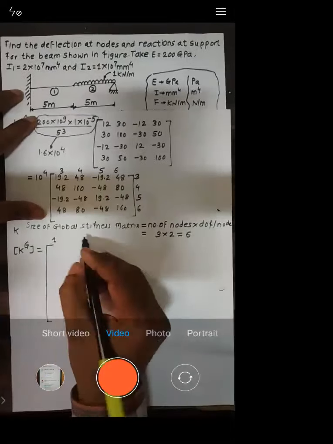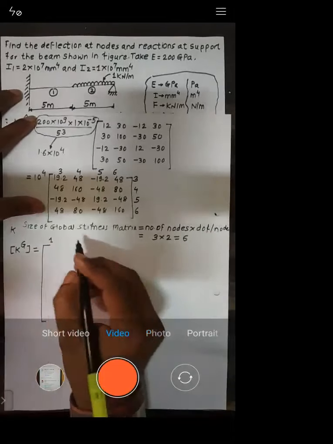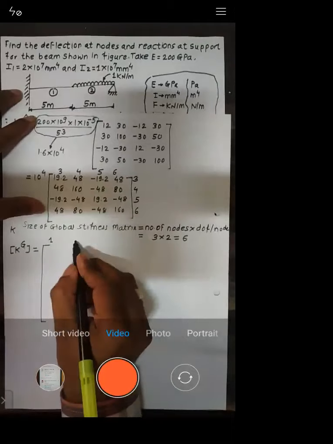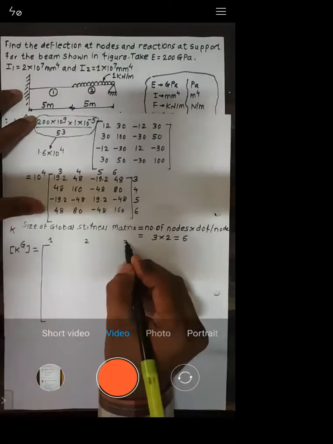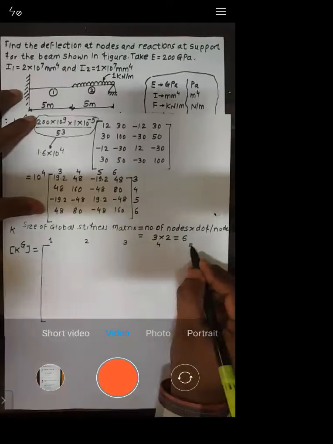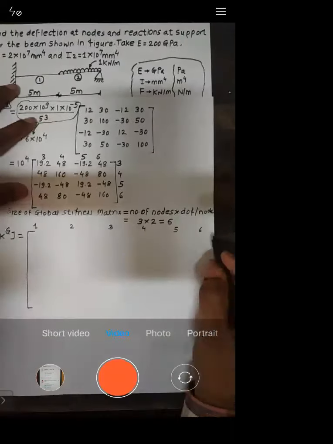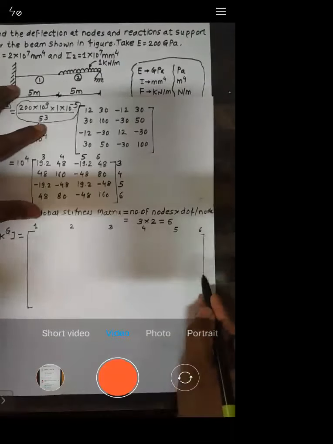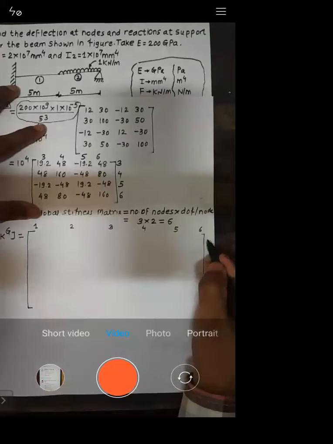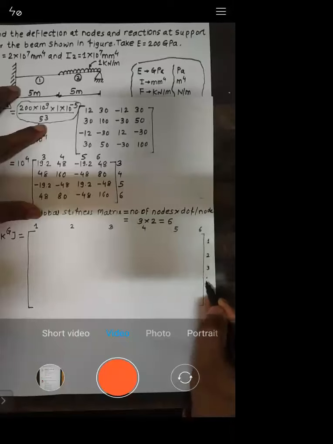Row number 1, column number 1. Then here I will write 2, 3, 4, 5, and 6, right? So these are the columns. Similarly, I need to assign the rows: 1, 2, 3, 4, 5, and 6.